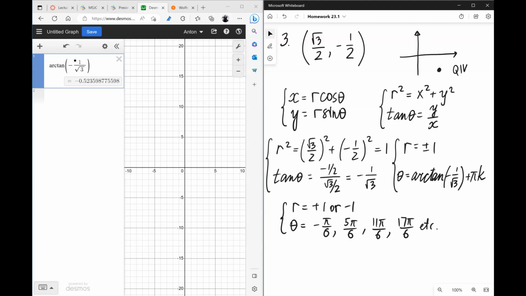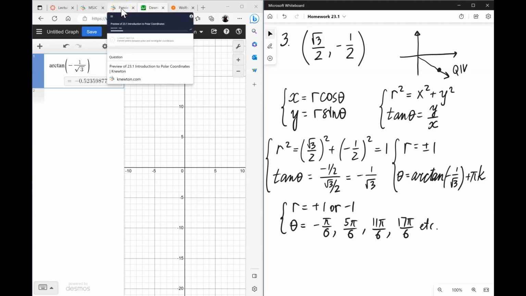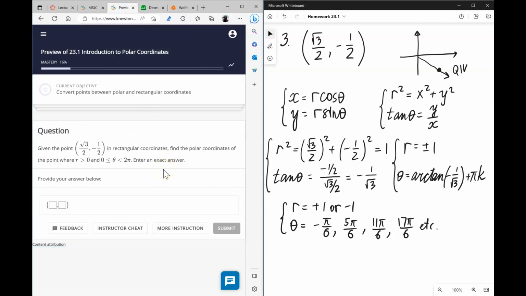And now we just have to match it carefully. Now negative pi over 6 is pointing in the direction of the 4th quadrant, so if we choose theta to be negative pi over 6, then we can pick r to be equal to 1.